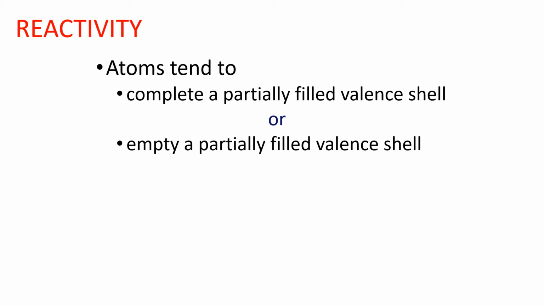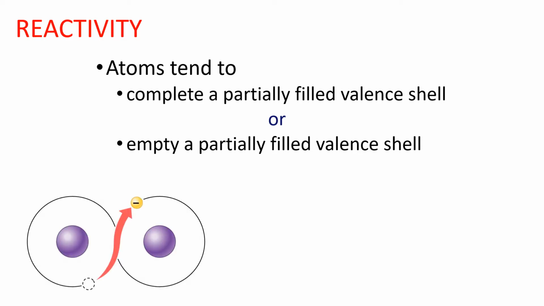Now, if that's the first valence shell, that's 2 electrons. If it's the second or third, there's going to be 8 electrons whizzing around there. So if they have a partially filled outer shell, it's only got 1 or 2 in the second or third shell, it's going to try to lose those. If it has an almost full valence shell, then it's going to try to pick up a couple other ones. So you can see there's one atom that really wants to lose an electron and another one that really wants to gain an electron.